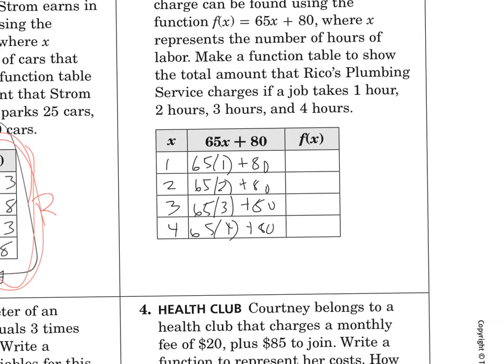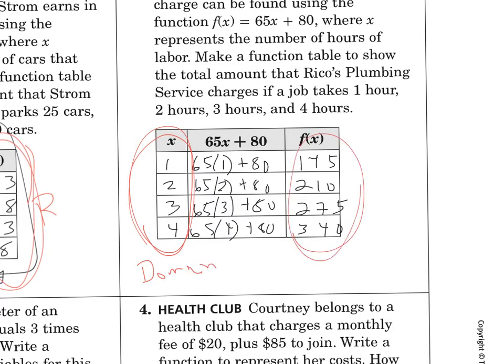And you get 145 for the first answer. Let's see here, 65 and 65 is 130, would be $210. And then it would be $275. And then it would be $340. And again, these values over here are your domain, and these values over here are the range.